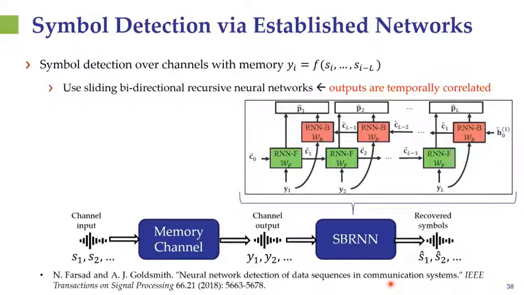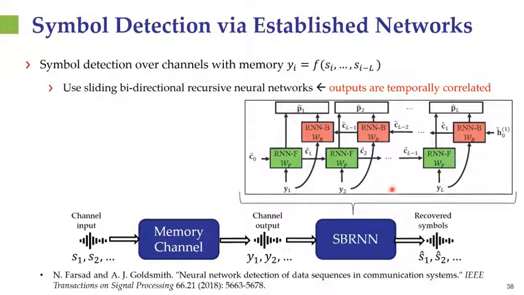As an example, let us consider a finite memory channel in which the channel output is some stochastic, unknown function of its last L channel inputs. So this is a conventional finite memory channel, though notice here it doesn't have to be linear. In the work of Farsad and Goldsmith from 2018, they proposed to use an architecture which is based on a bidirectional recurrent neural network.